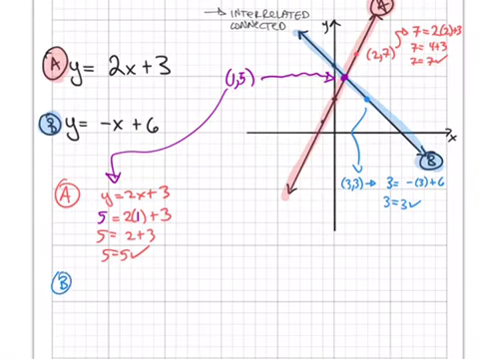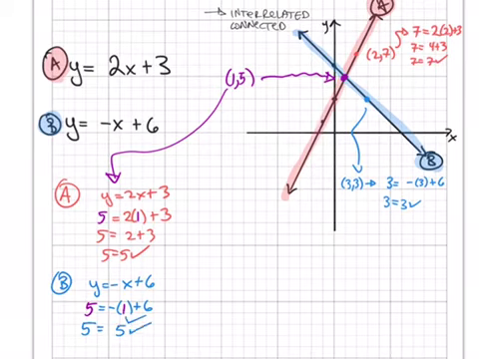If I take the point 1, 5 and I plug it into equation B, then I put 5 in for y. I put 1 in for x. On the left-hand side then, I get 5, and on the right-hand side I get negative 1 plus 6, which is 5, and it is satisfied.